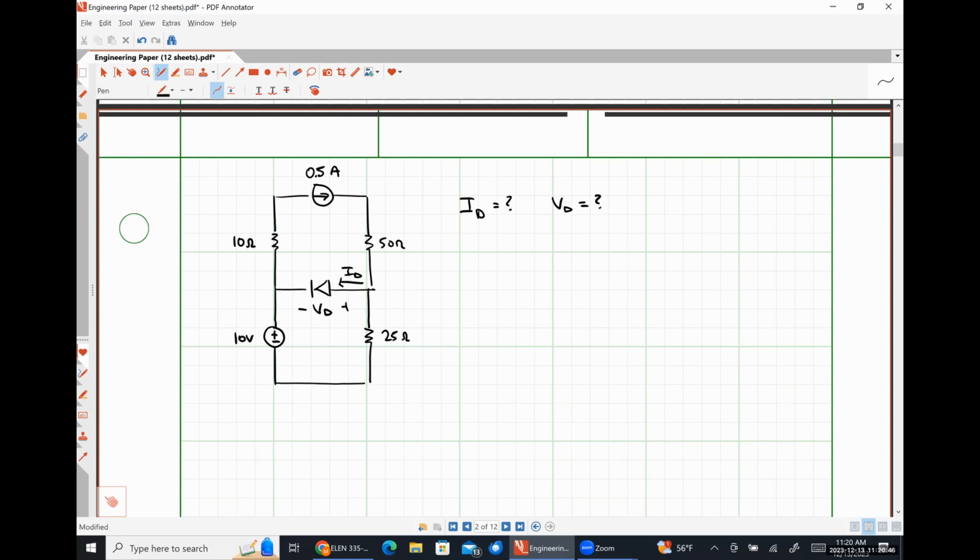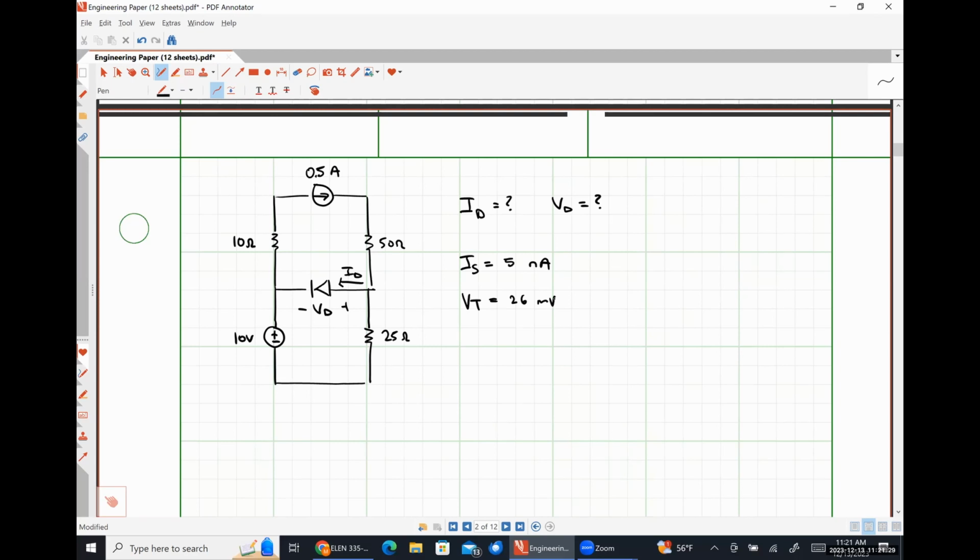We'll also deal with Q points for transistor circuits, where we need to know what our terminal voltages are, as well as the current being carried by our transistor. So that's just a phrase commonly used when dealing with nonlinear circuits as a quiescent operating point. But anyway, we're solving for these two quantities, effectively the DC operating point of the diode. If IS is equal to 5 nanoamps and our thermal voltage is equal to 26 millivolts.